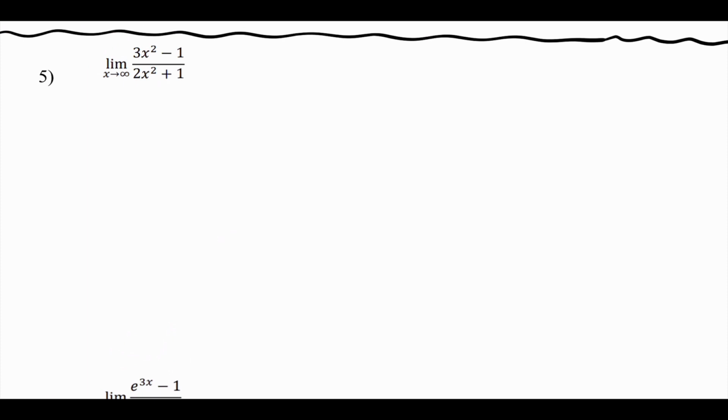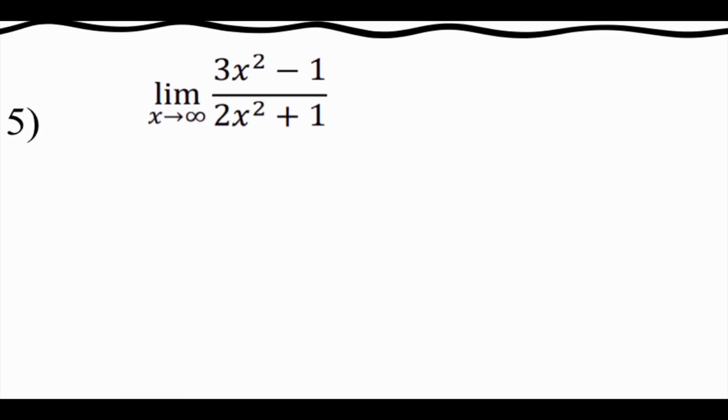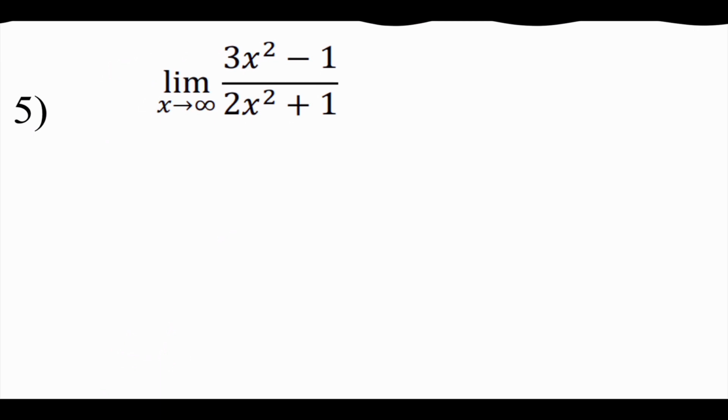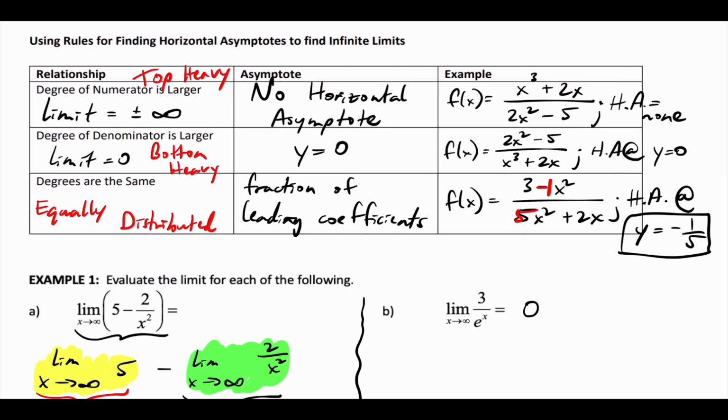What is the degree for the top, the numerator? 2. What is the degree for the denominator? 2. Equally distributed, right? So when these are equally distributed, we said it's a fraction of the leading coefficients.